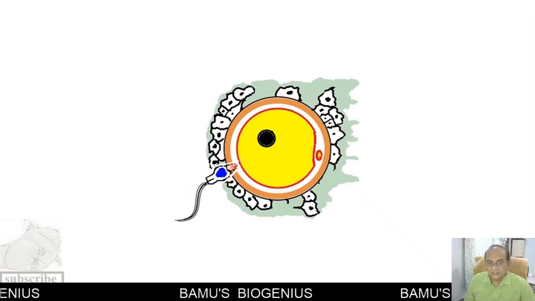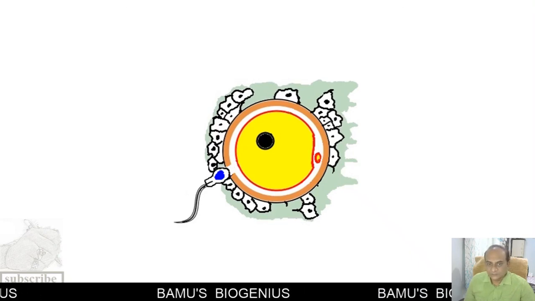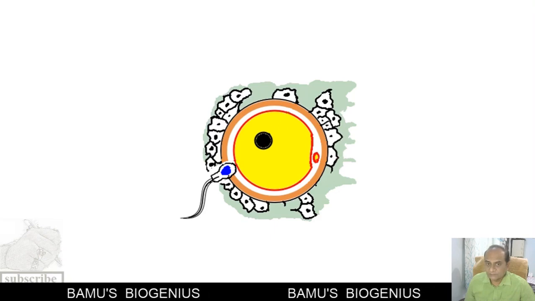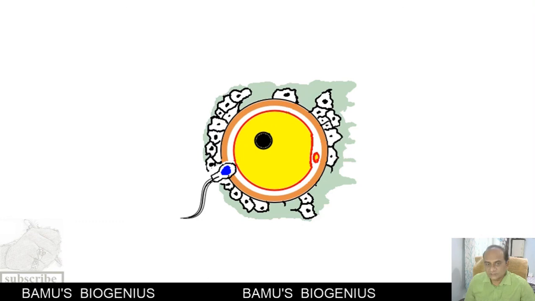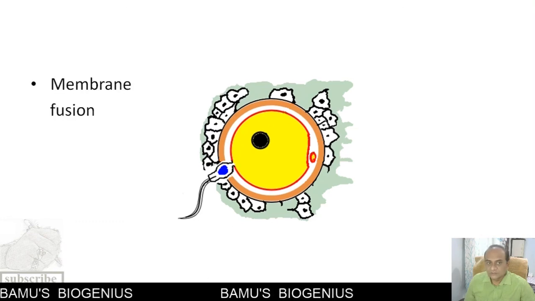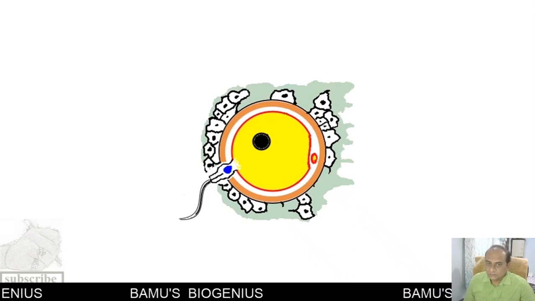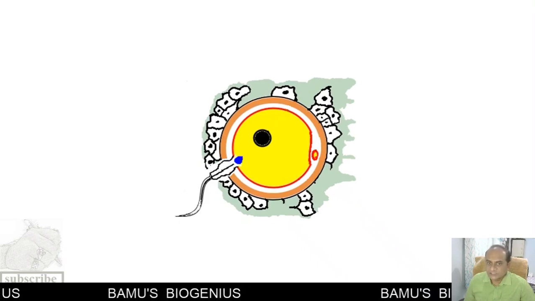After the acrosome reaction the sperm reaches the plasma membrane of the oocyte, and then fusogenic proteins are responsible for fusion of the sperm plasma membrane with the oocyte plasma membrane. So this is known as membrane fusion, and the male pronucleus enters inside the oocyte.